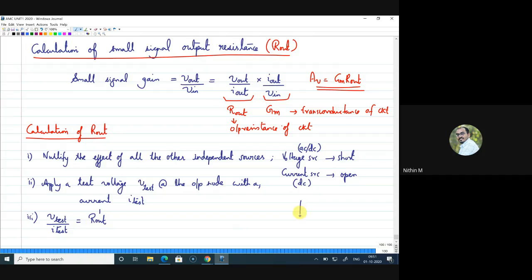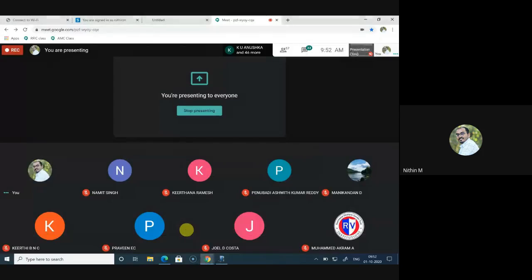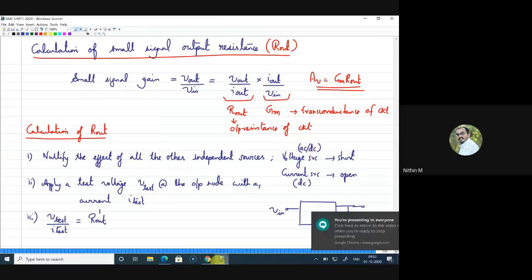Say for example, you have a circuit. We do not know what components are present inside. The only thing I know is there is a load resistance RL connected here, and the input is connected at the input side.